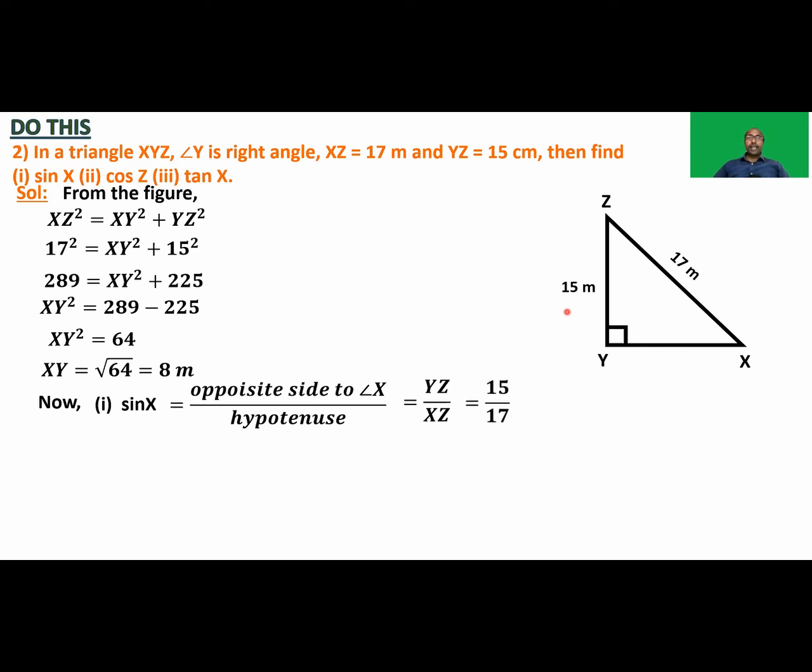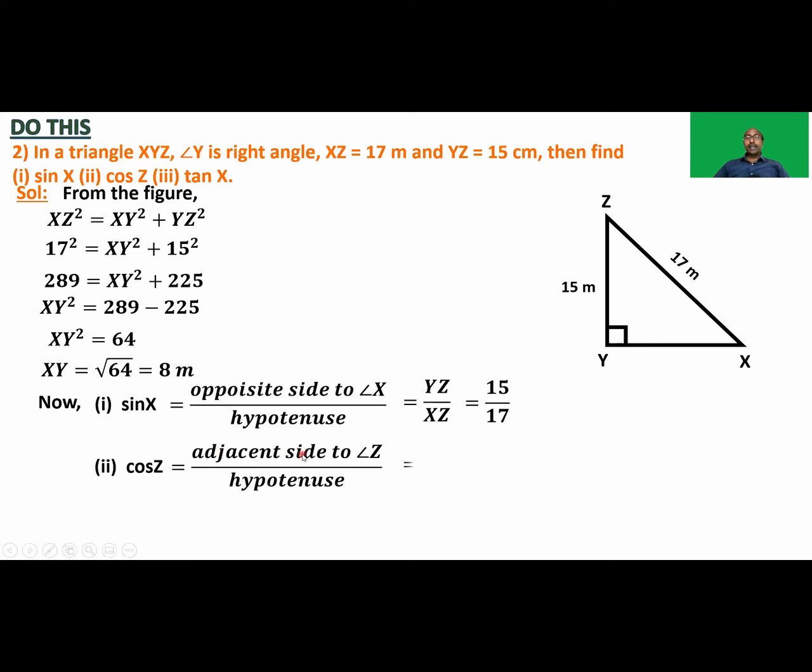And second one, cos Z. Here we have to observe the angle also. Cos Z is equal to adjacent side to angle Z, not to angle X, adjacent side to angle Z by hypotenuse.